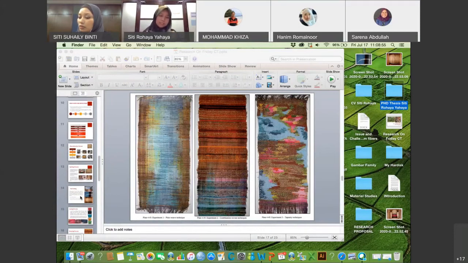Okay, maybe in textile they have special standards that concentrate on textile or fabric. Is it that they have a special one? When I did this research, I followed the SIRIM standards. Okay, SIRIM standard, which you need to go for test.